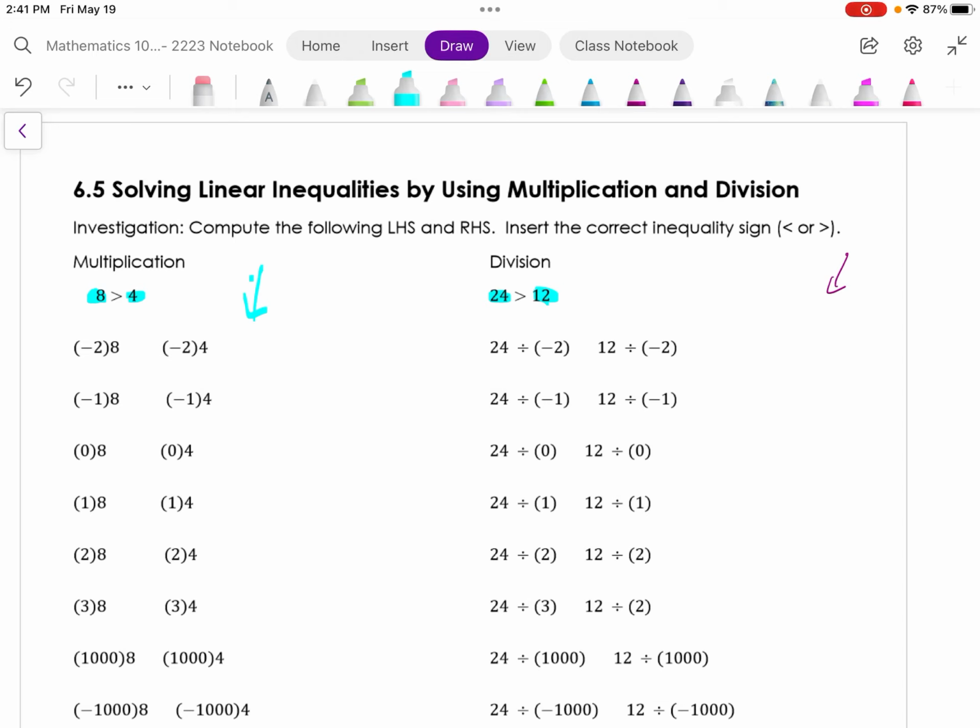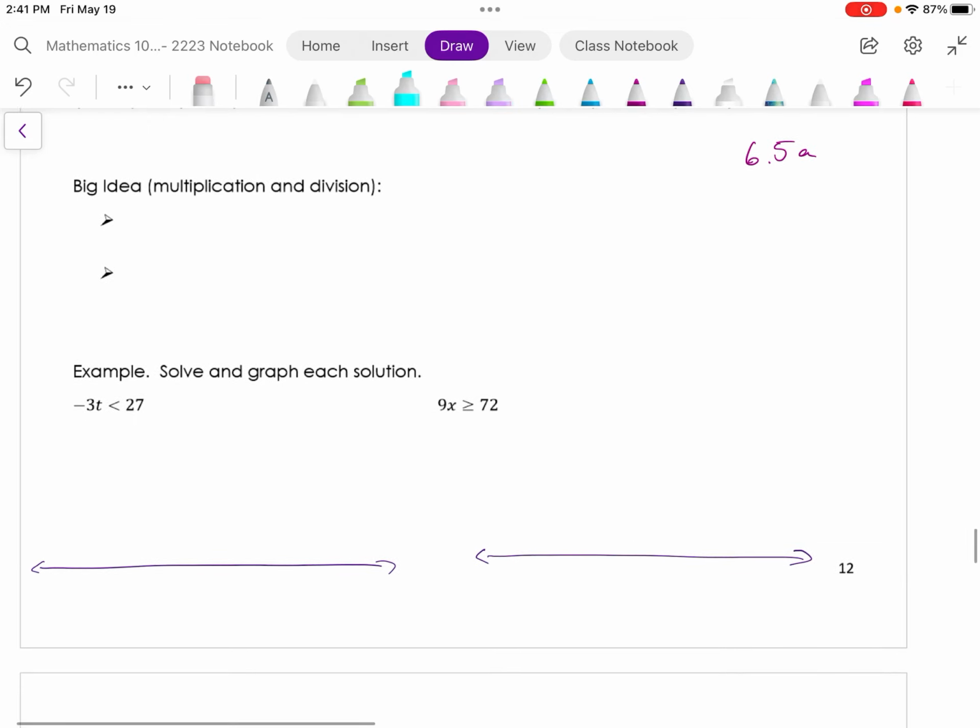So if 24 is greater than 12, which is true, what happens as we multiply or divide by a whole bunch of things? All right, here's the big idea.